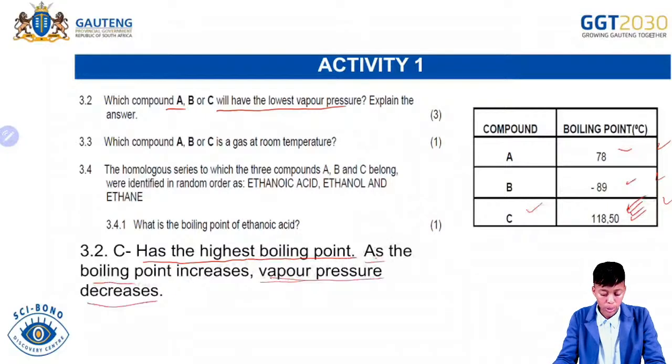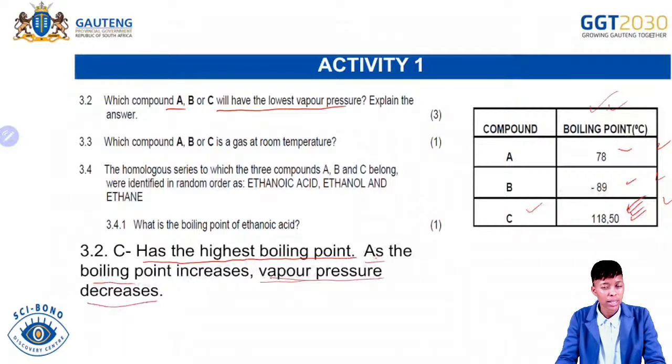Then 3.3, which compound A, B, or C is a gas at room temperature? Okay, so which one will be a gas at room temperature? So on this table here, what we are looking at is the boiling point.